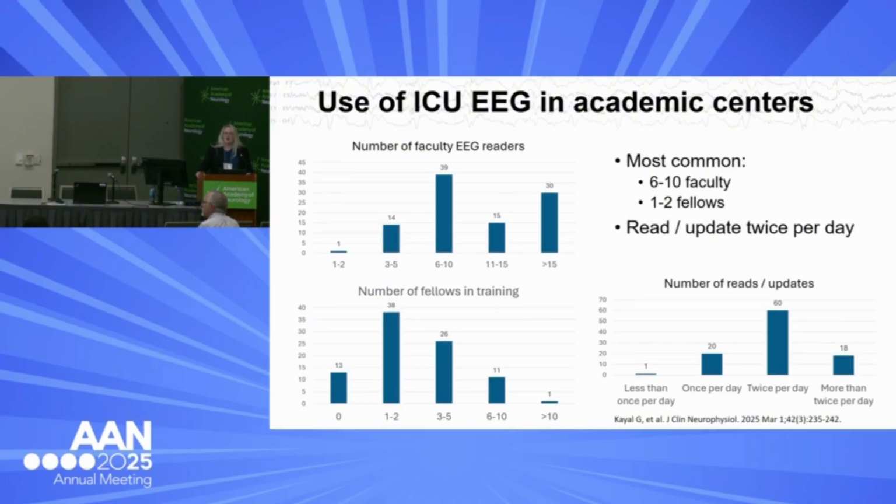I think it's also fascinating looking at these academic centers and the number of faculty EEG readers that they have. Again, the median is somewhere in the realm of 6 to 10, but there are many institutions now that have over 15 faculty readers. I would love to be at one of those facilities.